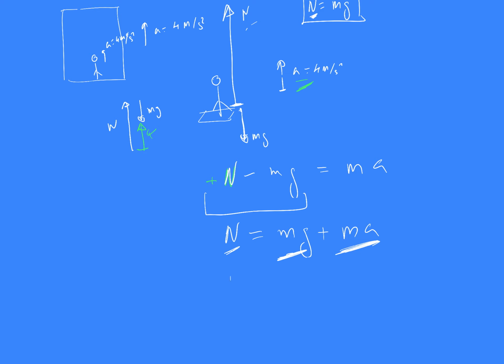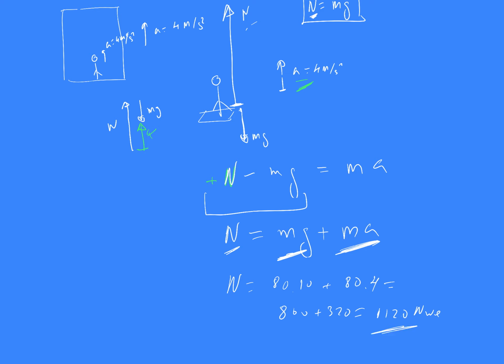What is the value? N equals 80 kilograms, I think, times g, 10, plus m, 80, times the acceleration, 4. So this will be 800 plus 320, so it will be 1,120 newtons going up.